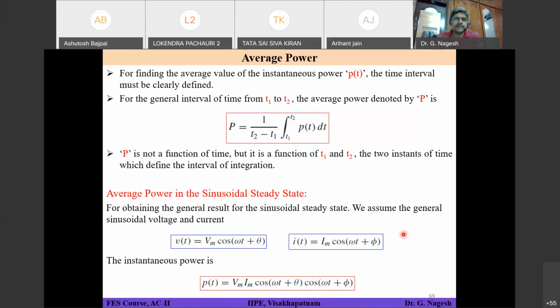So average power is more important when you are designing any circuit. If your instantaneous power suddenly shoots up to 2 or 3 times, nothing will happen to your resistor. But if you cross your average power limit to a higher level, there is a good chance that the resistor can burn and your circuit can also burn.